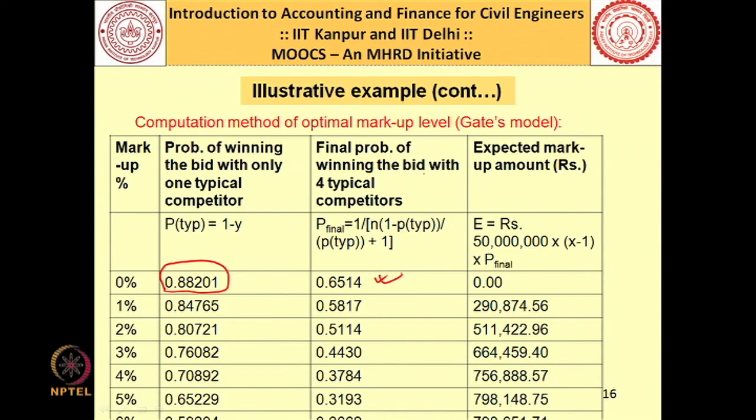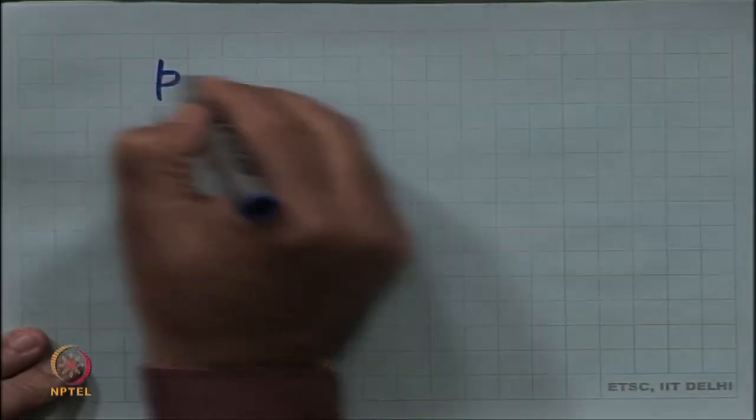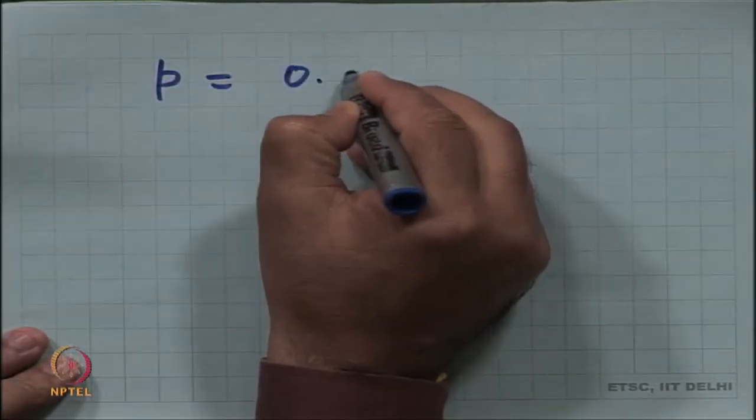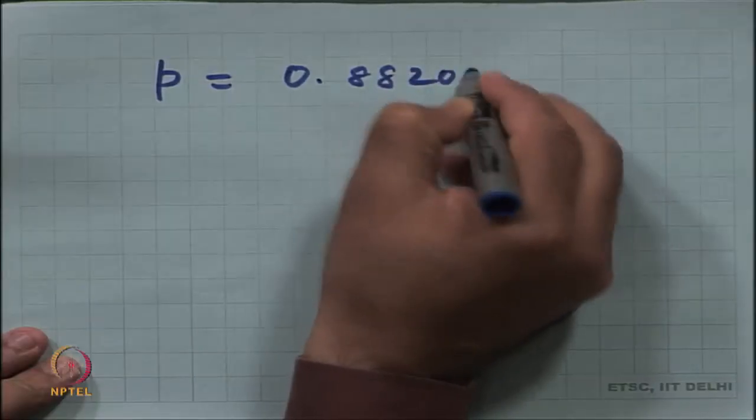Final probability of winning the bid with 4 typical bidders, I am going to use this formula, which is given by Gates: 1 upon n multiplied by (1 minus p typical) upon (p typical plus 1). I will tell you how to use this. P, which you just calculated, is 0.88201.